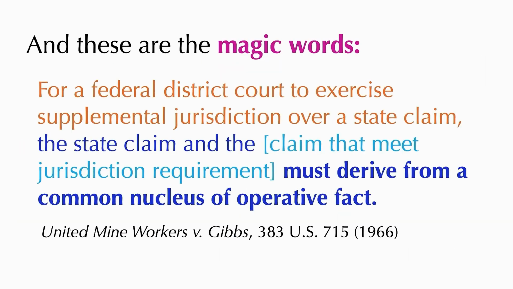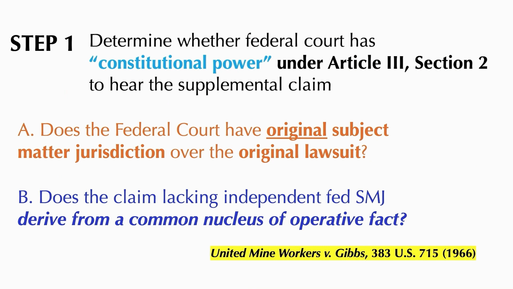I'm going to be a little persnickety about the wording because these are the magic words. I don't want you to say same transaction or occurrence. I want you to say that for a federal district court to exercise supplemental jurisdiction over a state claim, the state claim and the claims that meet jurisdictional requirements must derive from a common nucleus of operative fact. And this first step has nothing to do with 1367.